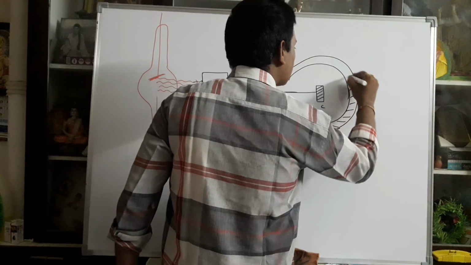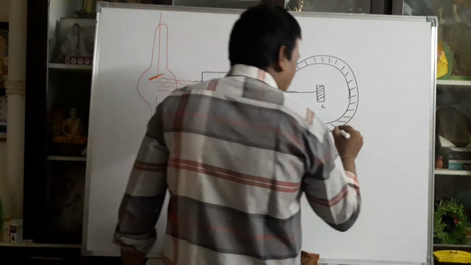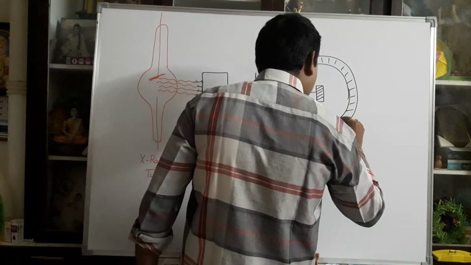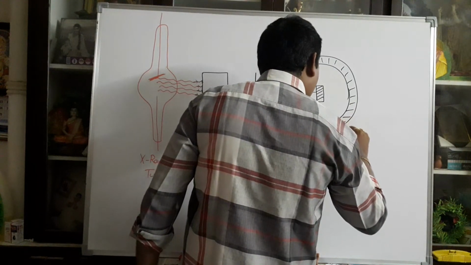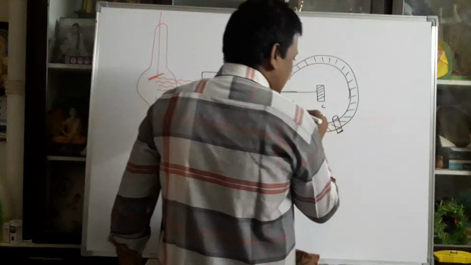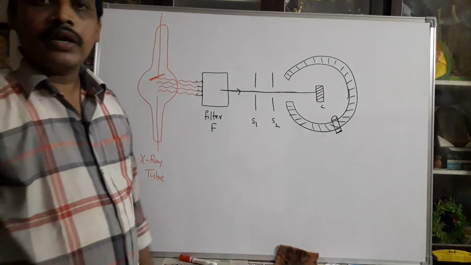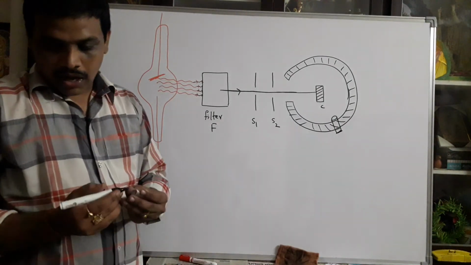This is the circular scale camera. On the circular scale I am placing one camera. This camera rotates around 180 degrees, left and right.